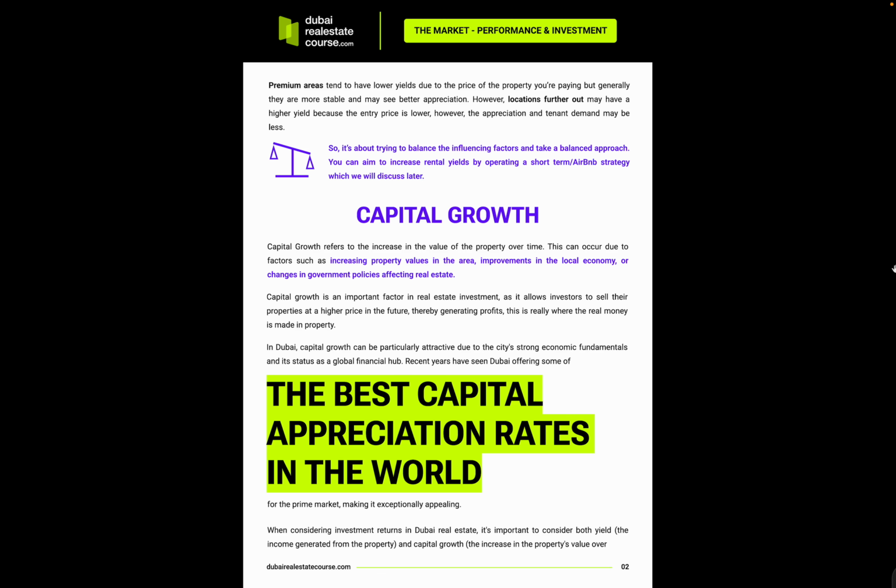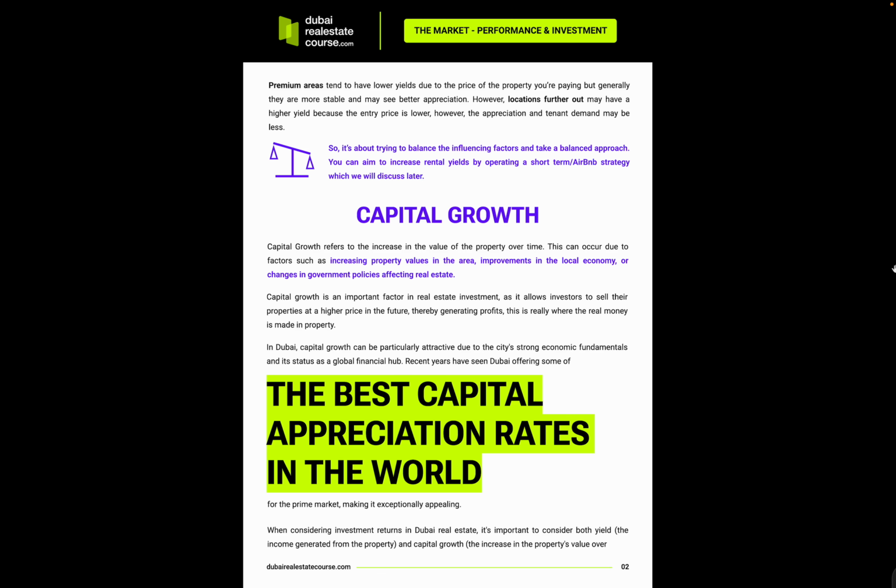So looking at Dubai in particular, it does have some of the best capital appreciation rates in the world. Okay? So companies like Knight Frank forecast Dubai to be the best residential investment location on the planet in terms of the prime market. And we've seen exceptional numbers in recent years of examples where values have increased super aggressively.